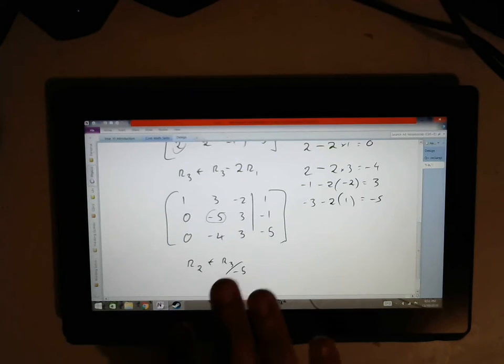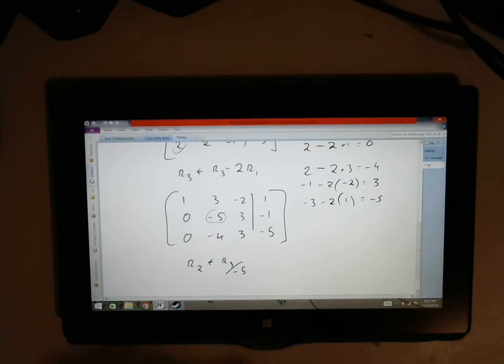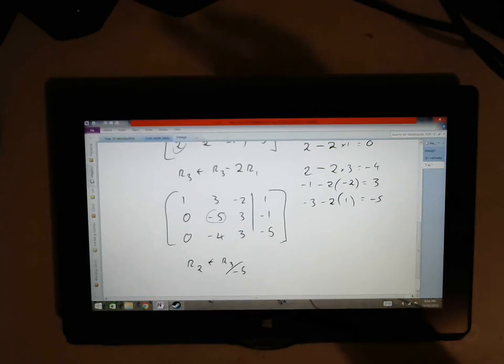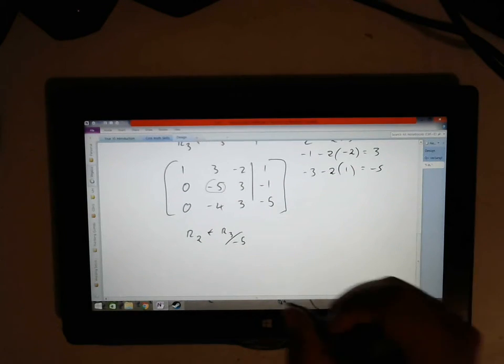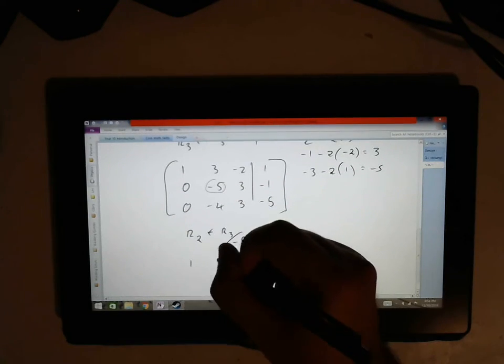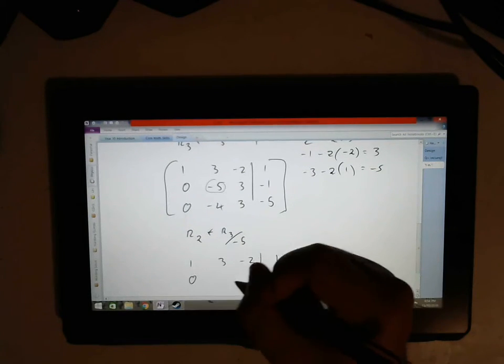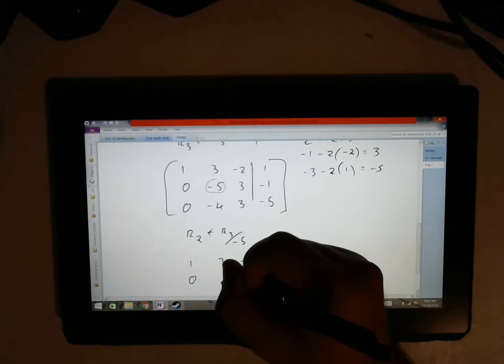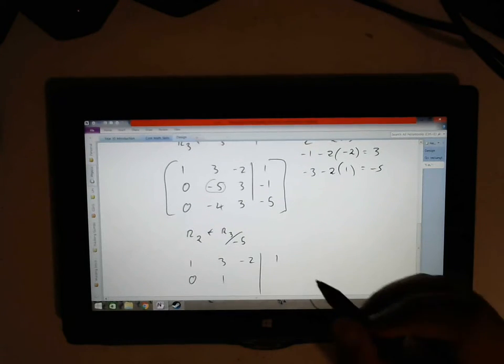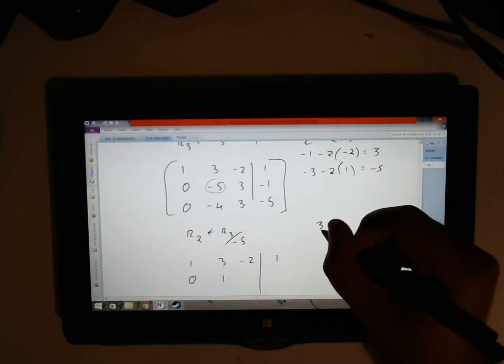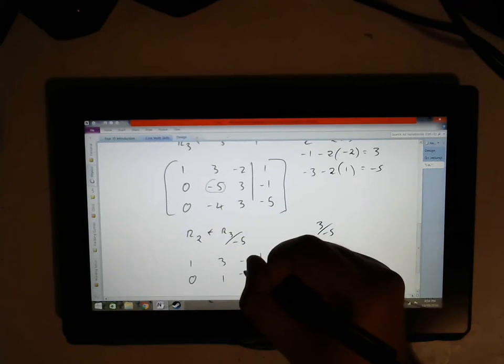It's okay to multiply a line or divide a line because we're doing the same thing to every number in it. It's like rearranging equations. Because I'm dividing everything by the same number, it's still going to work. And then we will end up with 1, 3, minus 2, augment 1, 0, minus 5 divided by minus 5 is just 1. 3 divided by minus 5 is just negative 3/5.